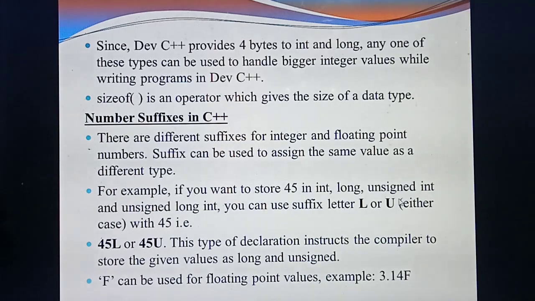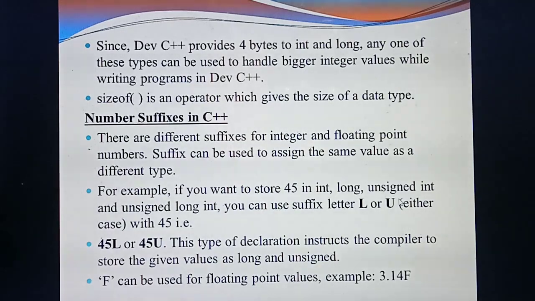What's the meaning? By seeing 45L itself you can identify this is an integer value, that is a long integer value. Understand? And 45U? That is an unsigned integer value. That's the differentiation between a normal integer and a suffixed integer.